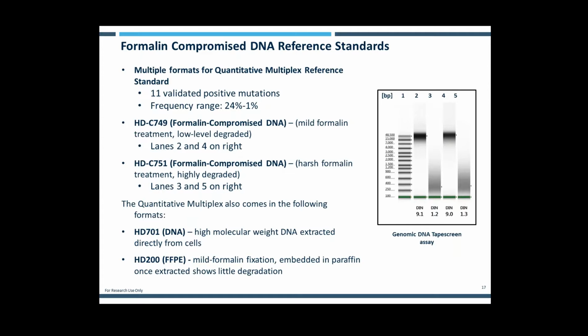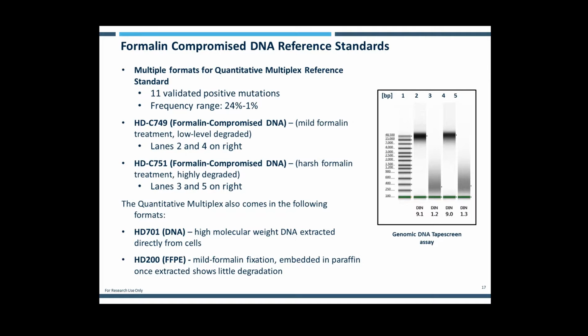And so what we have are these genetically equivalent multiplex reference standards, which are offered in varying formats from our HD 701, which is a high molecular weight, or with a high DNA integrity number, to formalin compromised and fragmented DNA with low DNA integrity numbers. And so these allow researchers to evaluate how fragmentation affects detection.